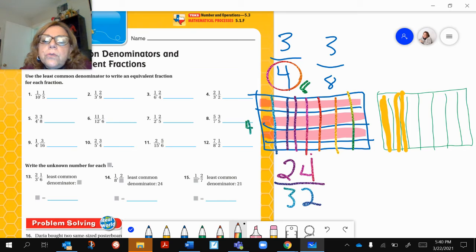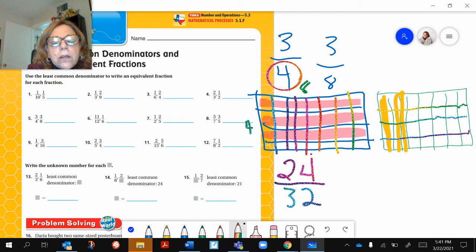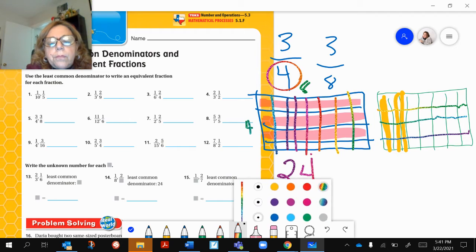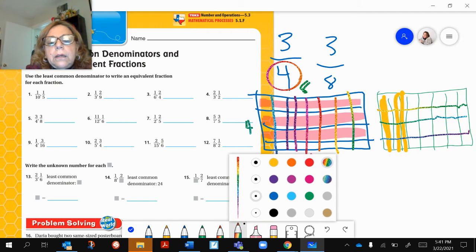Now I'm going to take this denominator here, and on this one right here, where did that go? I'm going to draw my 4 rows. And I have 4 rows. How many do I have here? Yep, absolutely right.